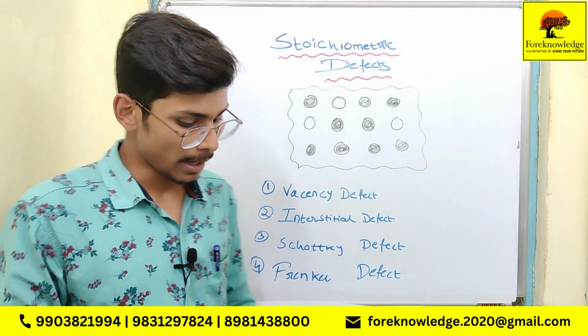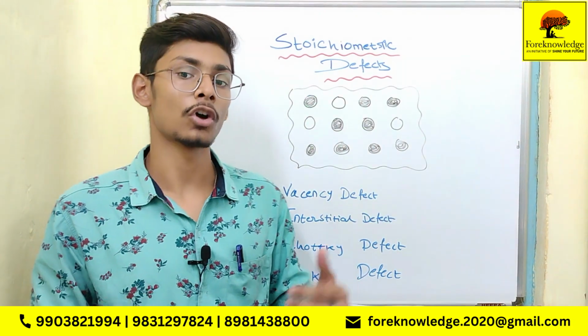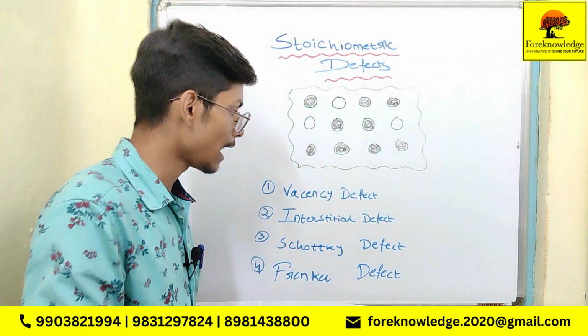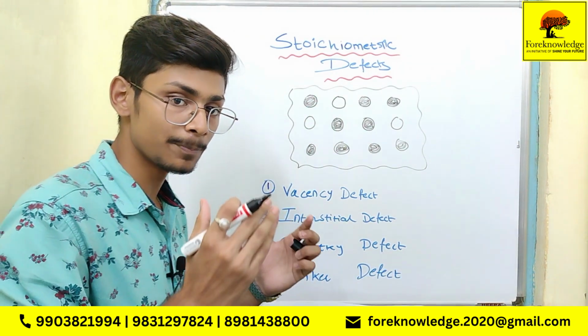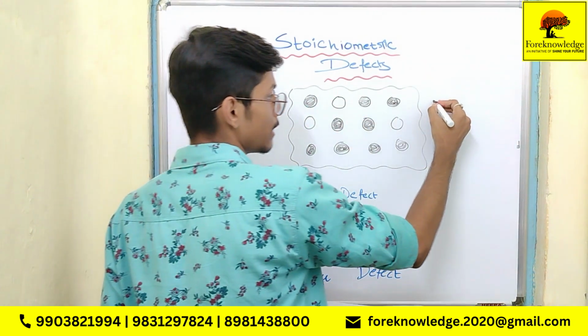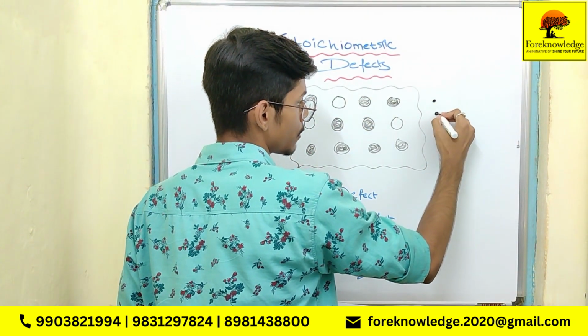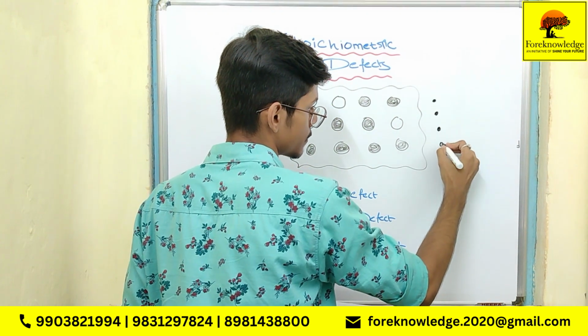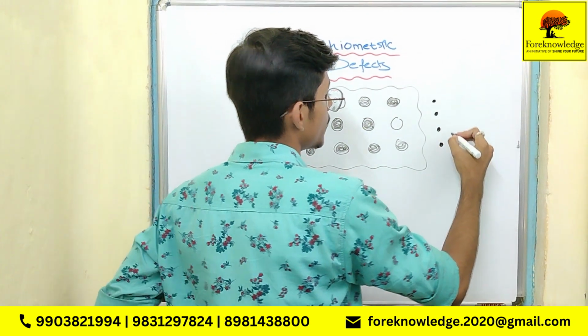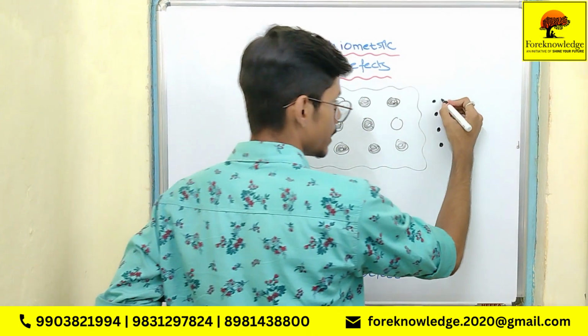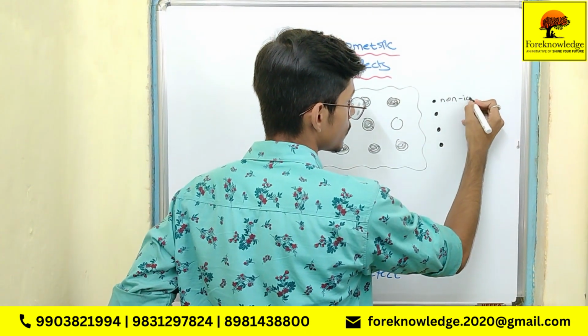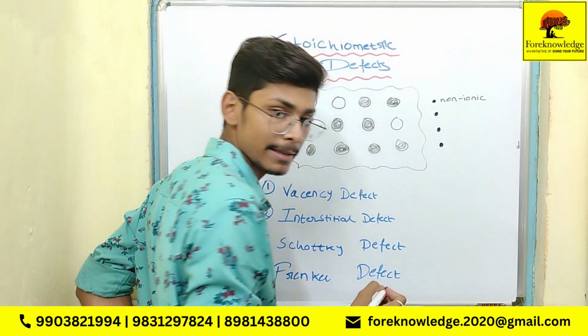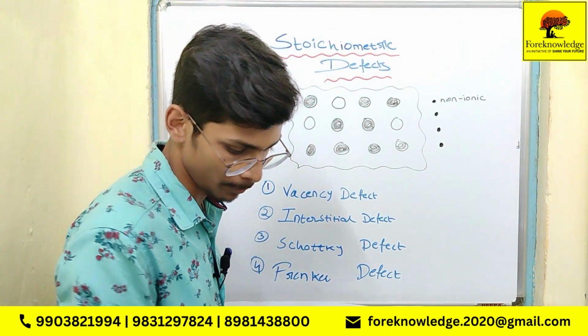Okay, and it is basically shown by non-ionic compounds. So I am writing subpoints which will be more memorable for your exam purpose. Okay, it is basically shown in non-ionic compounds.